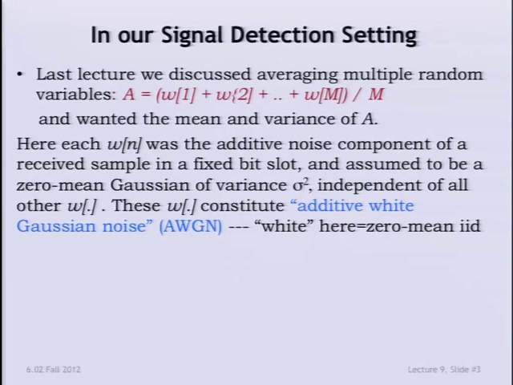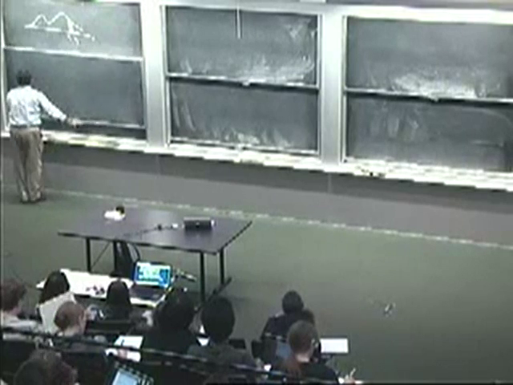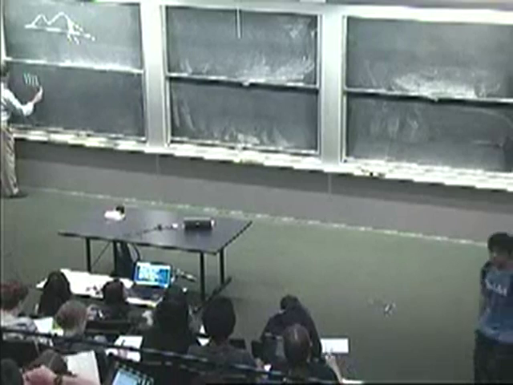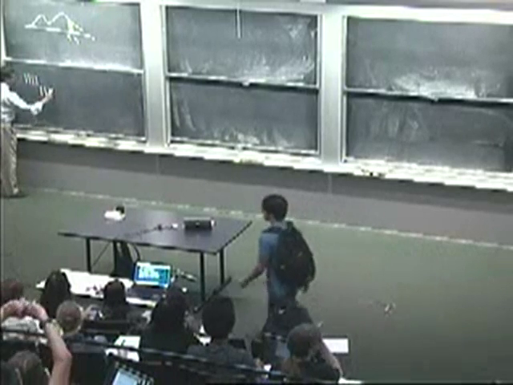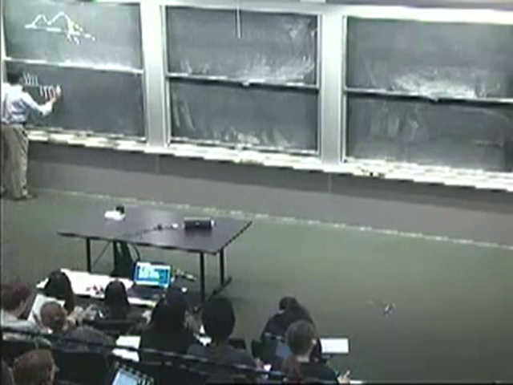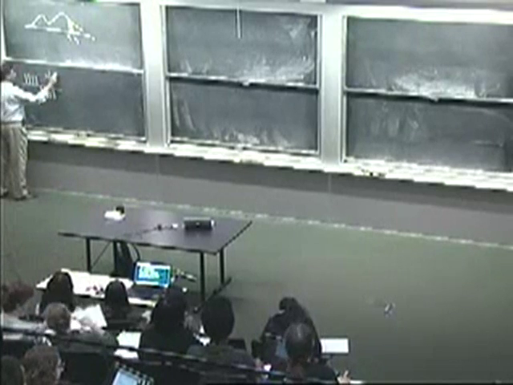Now, last time I talked about a very special case that involved multiple random variables. These were the random variables corresponding to the noise samples. So we sent out a nice clean-looking signal. This was our x of n.